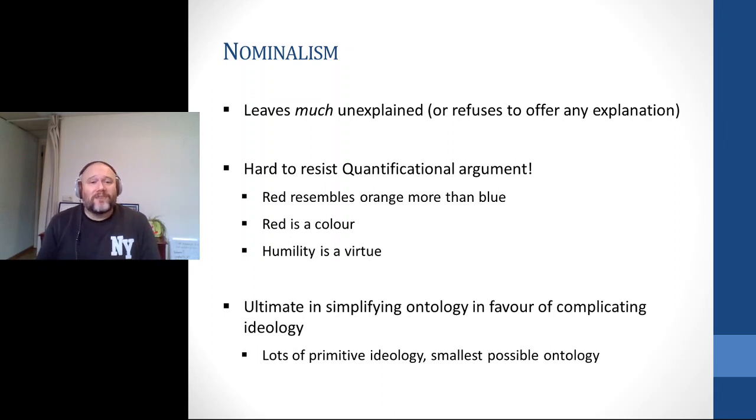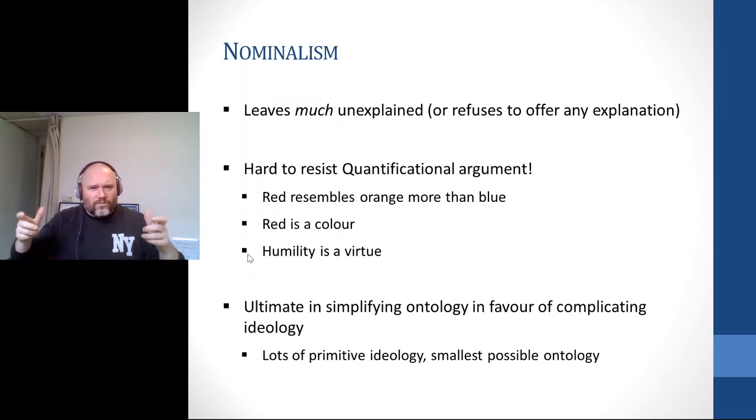A much more interesting problem, and one that's deliciously ironic given that ostrich nominalism is a view favored by Quine, is that it's very hard for the ostrich nominalist to push back against the quantificational argument. Remember, the quantificational argument hinged on the fact that we have sentences like this, which we take to be true.